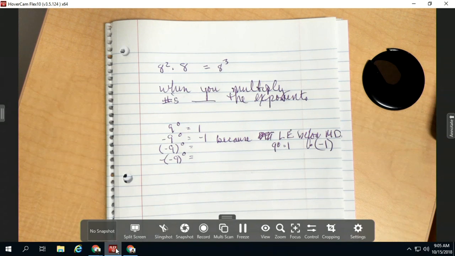What do the parentheses tell you to do? Do that first. Okay? So you are going to get something inside the parentheses, but it doesn't matter what that is because, what was our first rule? Any number to the 0th power is 1. So no matter what you get inside that parentheses, the answer is going to be 1. Okay?